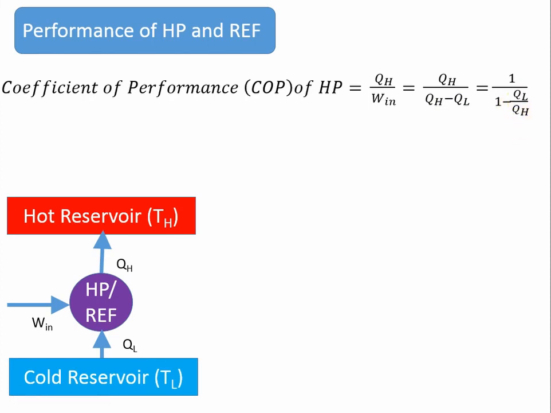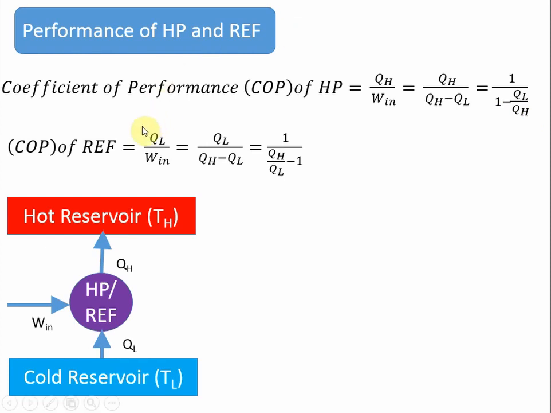When we consider a refrigerator, then our desired output is QL because our objective is to cool the environment. Therefore, our focus is getting heat removed from the cooler environment. In order to get that done, we are supplying W in as input. Therefore, coefficient of performance of a refrigerator is QL over W in.